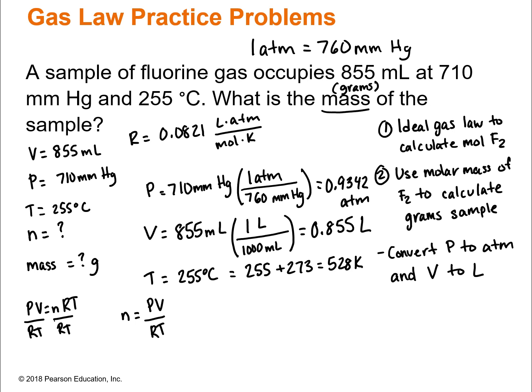Given that our constant, the R, is in liter atmosphere per mole Kelvin, we need to make sure that's what all of our units are for the volume and the pressure and the temperature. So we converted the pressure from millimeters of mercury to atmospheres, the volume from milliliters to liters, and the temperature from degrees Celsius to Kelvin.